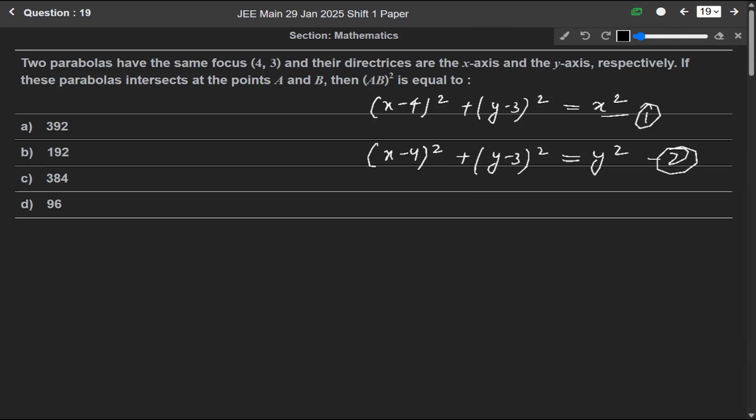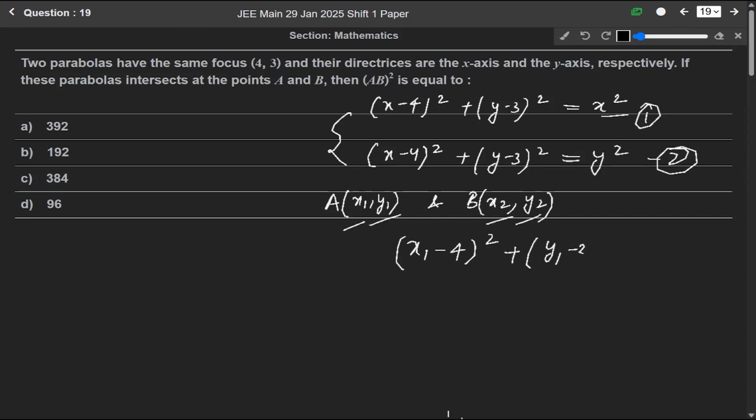If these parabolas intersect at A and B, so if A's coordinates are x1, y1 and B's coordinates are x2, y2, solving for x1, y1 and x2, y2 from these two equations, we can write (x1 minus 4) whole square plus (y1 minus 3) whole square equals x1 square, and (x2 minus 4) whole square plus (y2 minus 3) whole square equals y2 square.